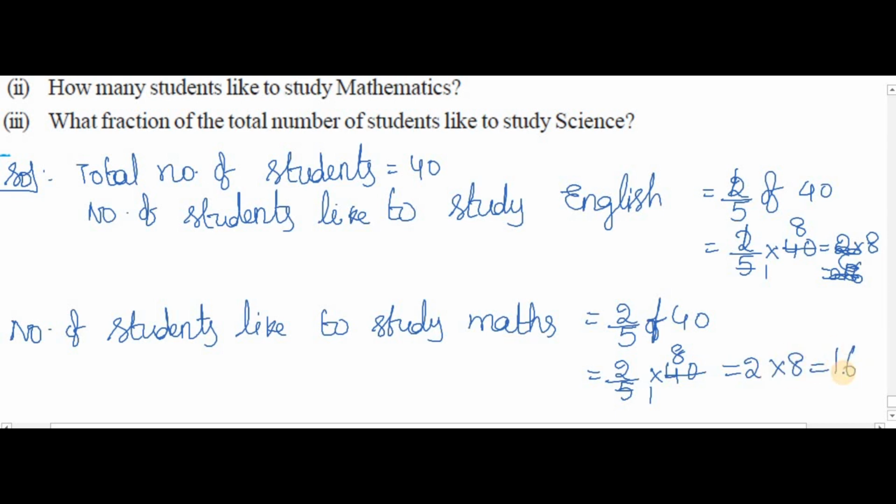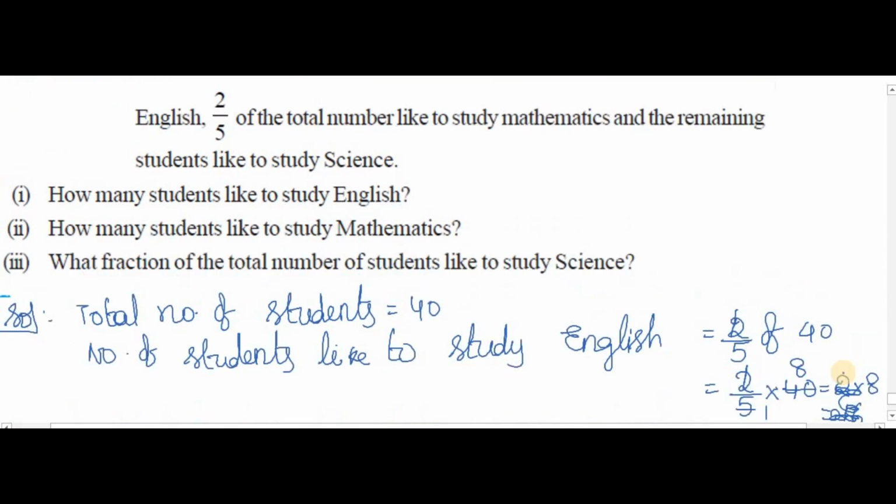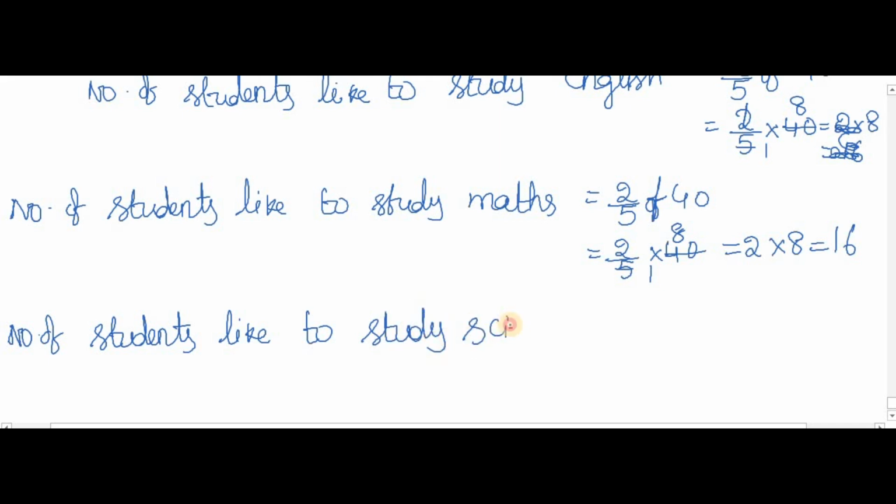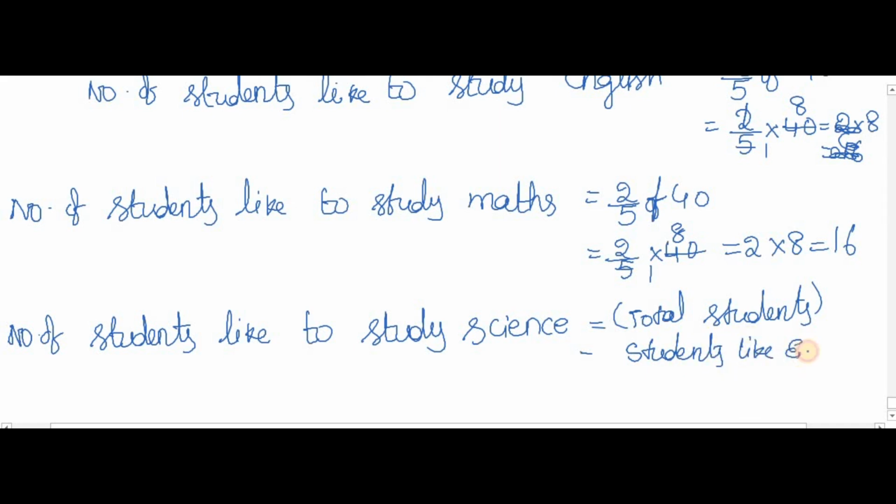And now we are going to find out how many of the rest of the students like Science. Number of students who like to study Science is equal to total students minus students who like English plus Maths.